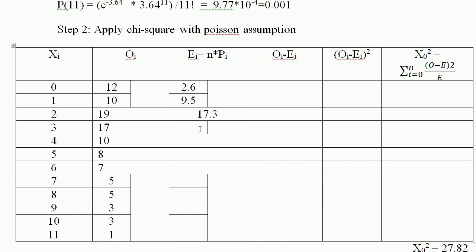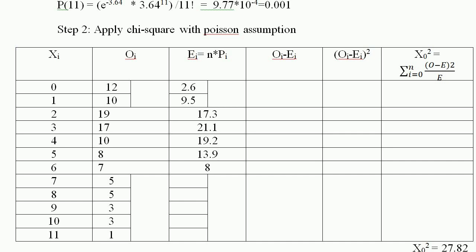So for P3, same like that, we have to calculate. For P3, you will get 21.1. Again, for P4 and on, multiply the value of P0 to P11 into 100. N value is 100 here. So multiply, and I am writing it over here. So it is 19.2, and the next value is 13.9.